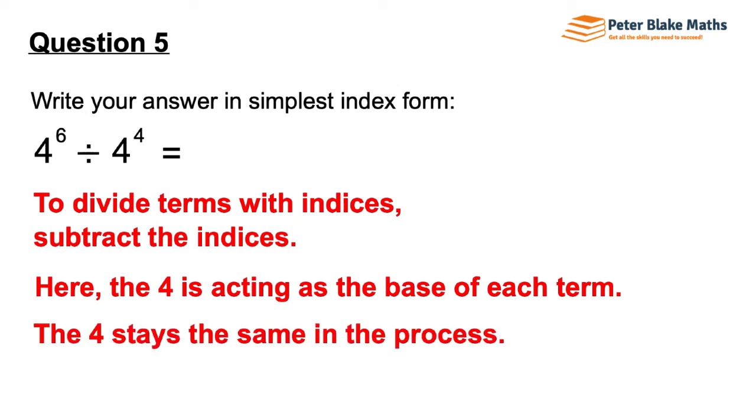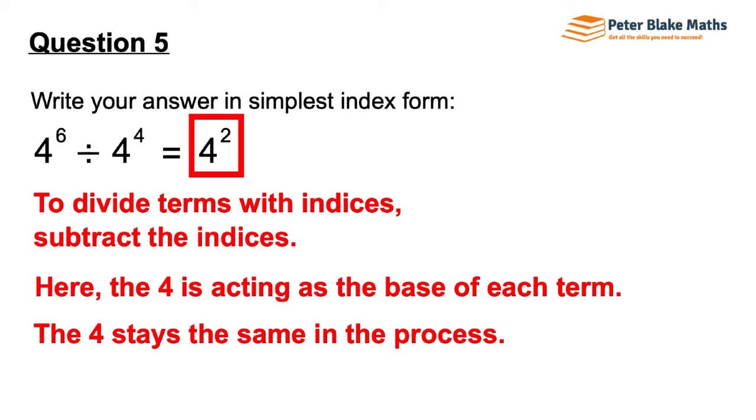And so the 4 stays the same in the process. Don't be tempted to do 4 divided by 4 as well. The 4 stays the same because we're working out this question using the index rules there. And by subtracting the indices, we'll get the right answer if we keep that base 4 the same. So we get 4 squared there by going 6 minus 4 is 2 for the index part and keeping the 4 the same.